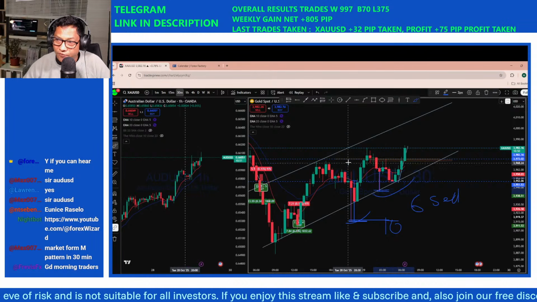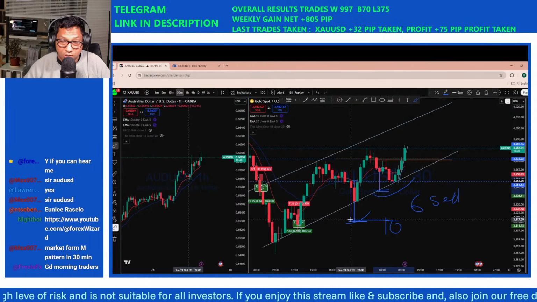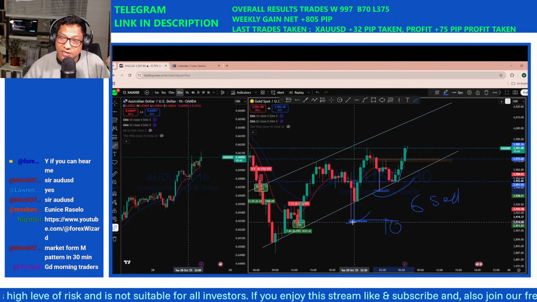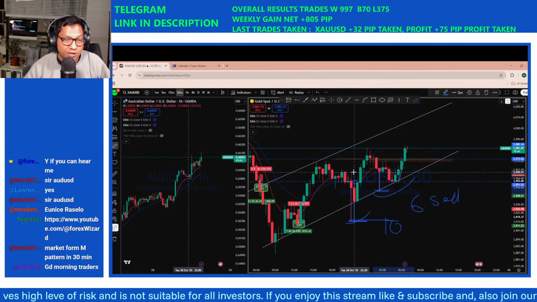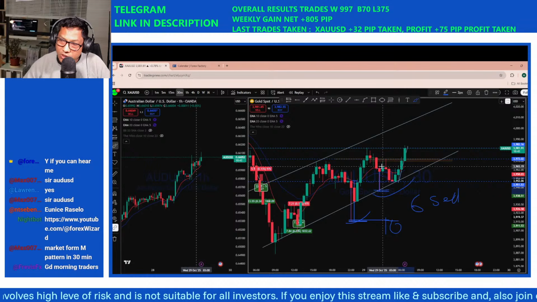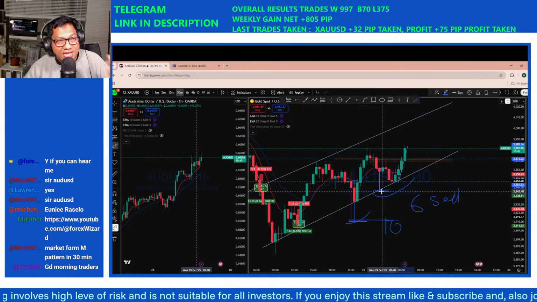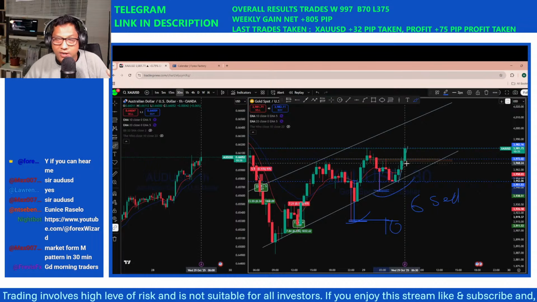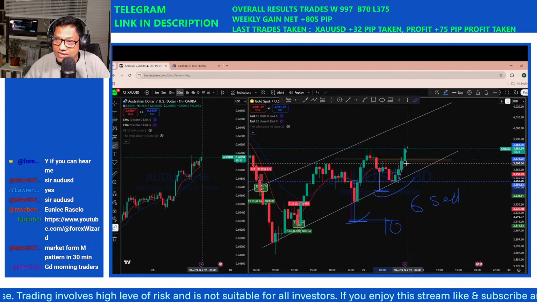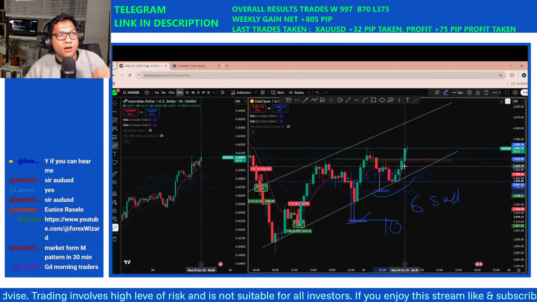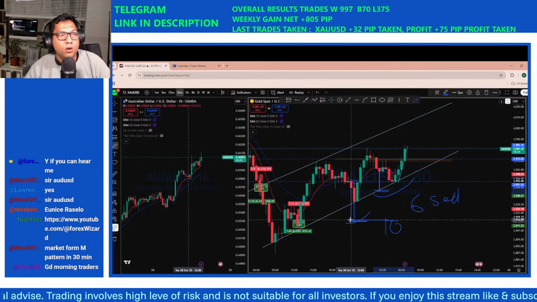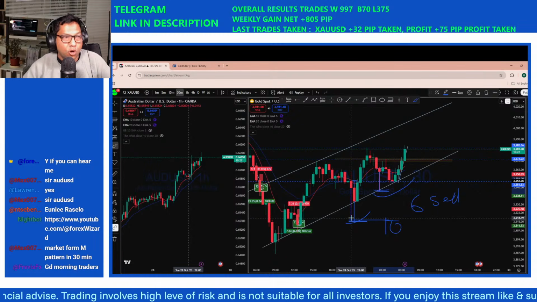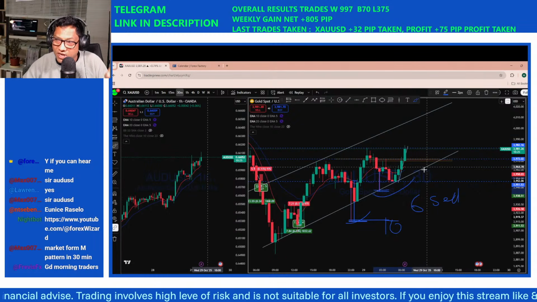So if 30 sellers drop that price, that means 70 buyers brought that market up. When it became 20 sellers dropping that price, that means 80 buyers bounced that price back up. Now it's becoming more buying, that means a bull market. That's why it says bull or bear market. So it is becoming a bull market.